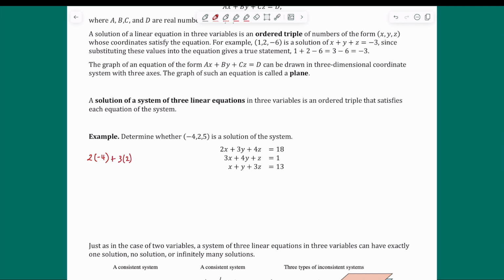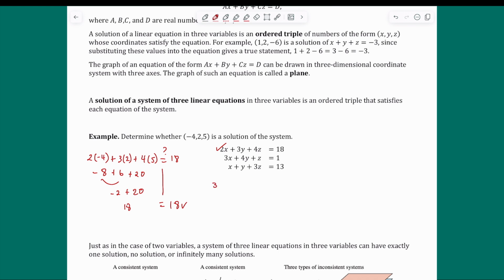So I'm going to go ahead and substitute. We're going to compute here, and we get -8 + 6 + 20. -8 + 6 gives us -2, plus 20 gives us 18. So 18 does equal 18, and that's a true statement. All right, so the first equation checks. What about the second equation?